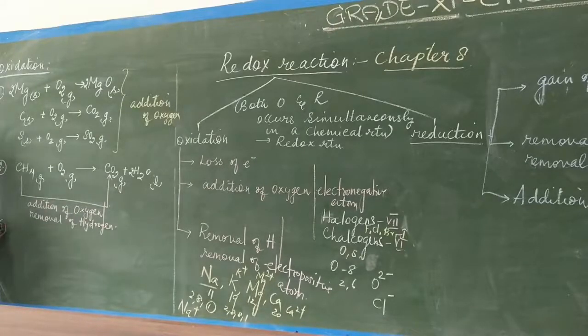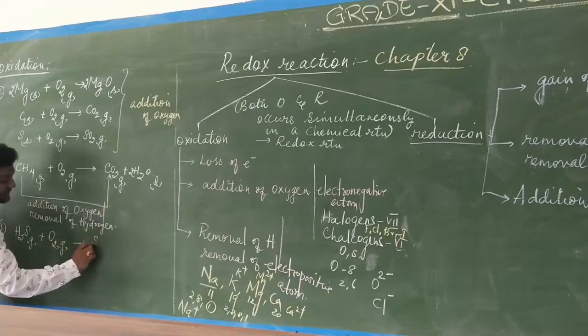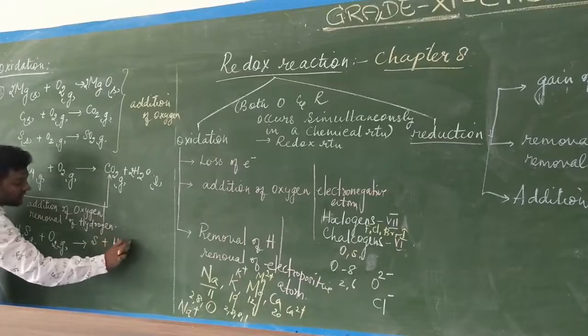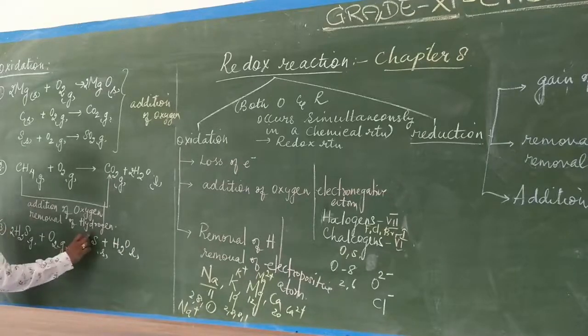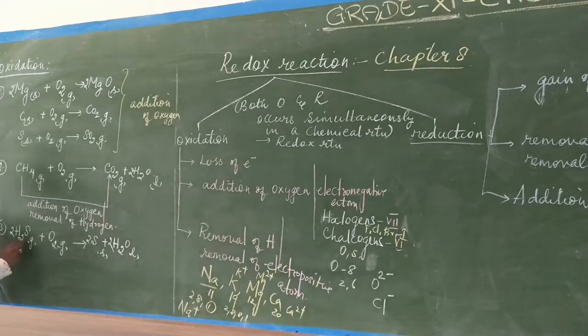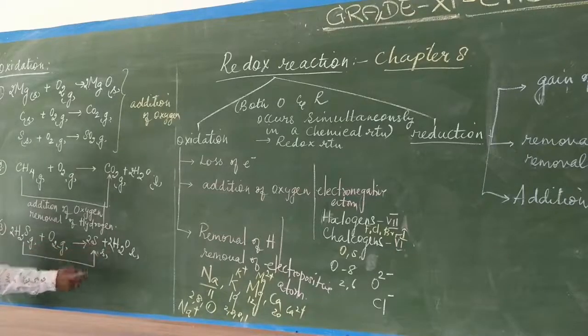Now coming to the third one, you take hydrogen sulfide gas. This hydrogen sulfide gas on oxidation gives rise to the formation of sulfur with water. We take 2 here, so then 2. Isn't it? Now you see H2S becomes sulfur. H2S has become sulfur. This indicates what? By oxidation H2S becomes sulfur and H2O.